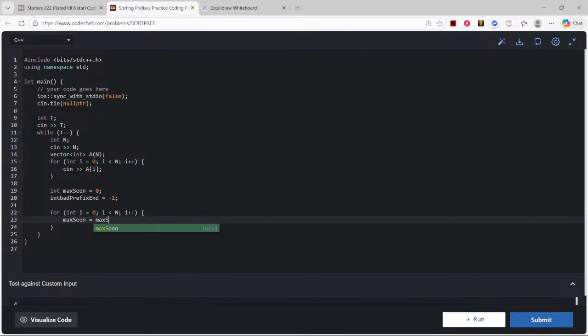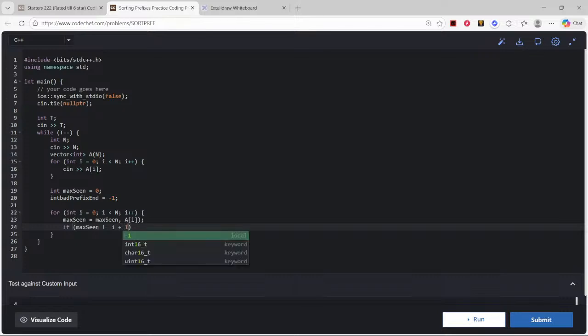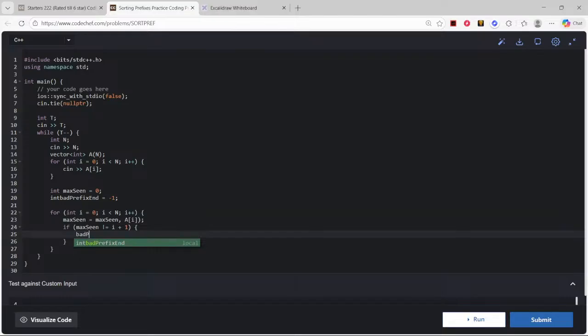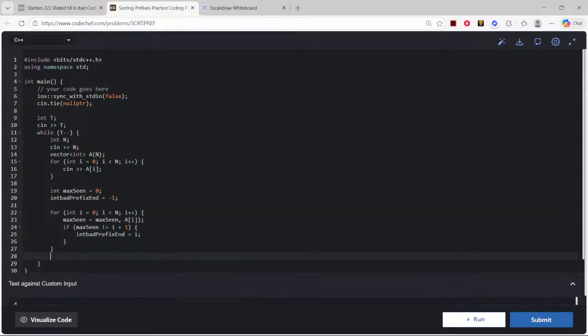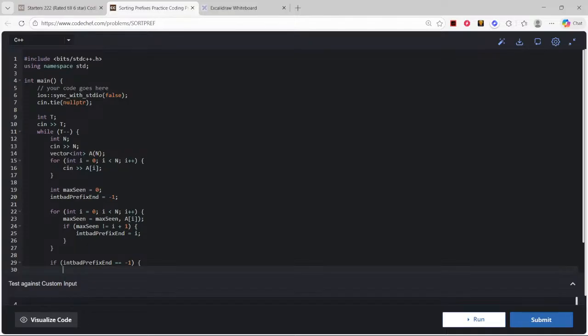Max is equal to... if max ending equals i plus 1, then bad prefix ending equal to i. If bad prefix, we set i to -1.